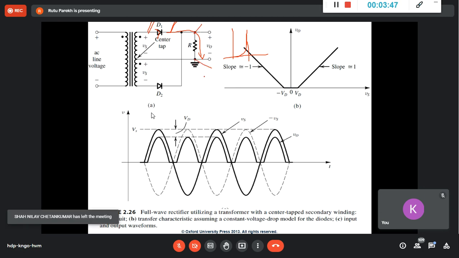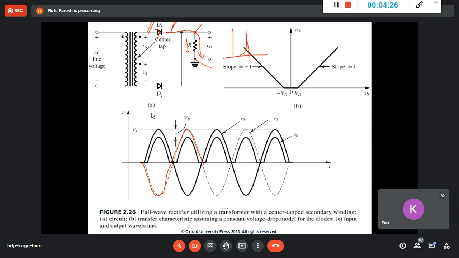Voltage will only be developed when current is flowing through R, and the current will only flow through R for the positive half cycle when D1 is conducting. So let's say this is your input voltage, one cycle and so on.